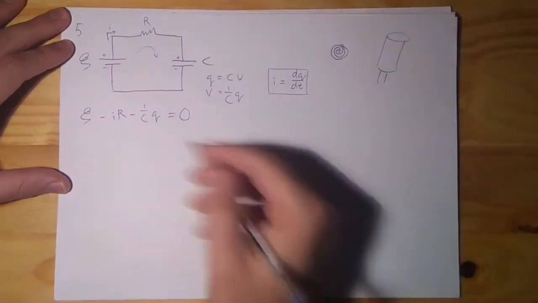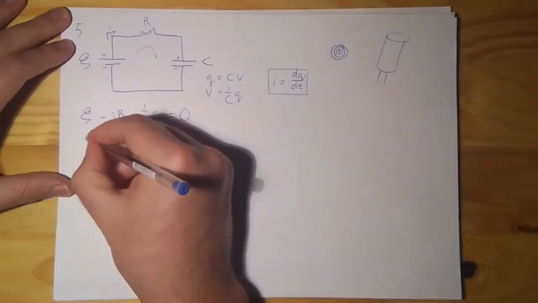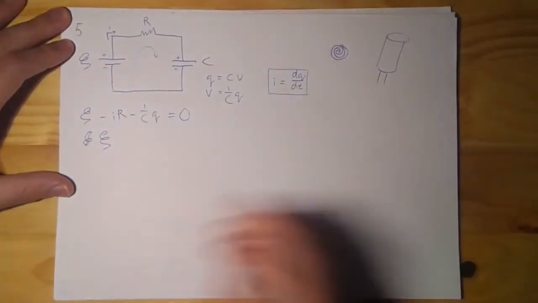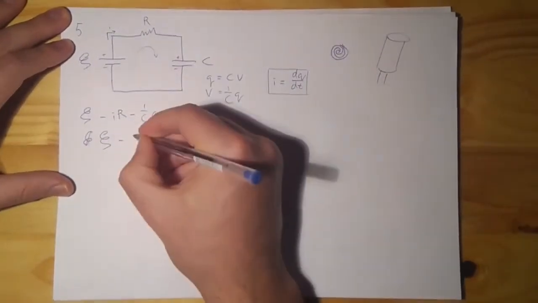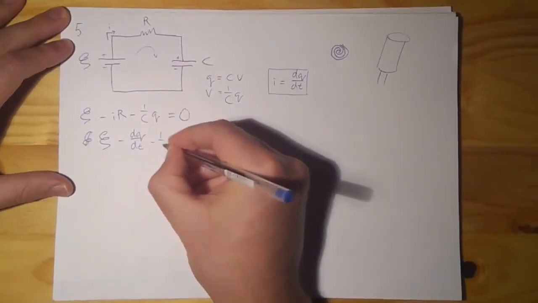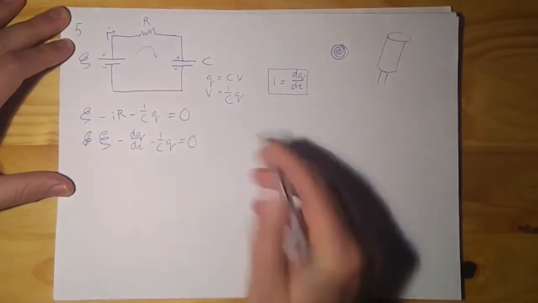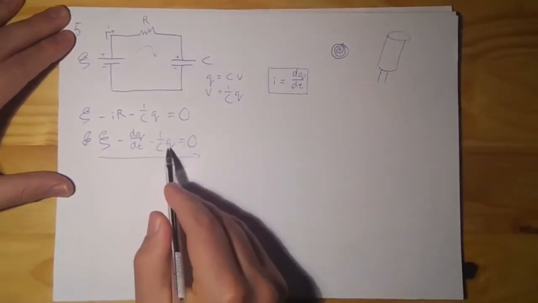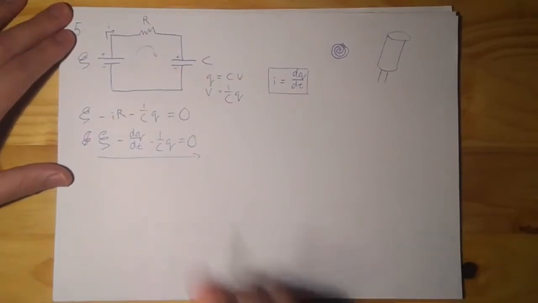So in this case, the current in the circuit is just dQ/dt, giving Xi minus R dQ/dt minus 1 over C Q equal to 0. And that is the differential equation, where Q is the unknown function of time.